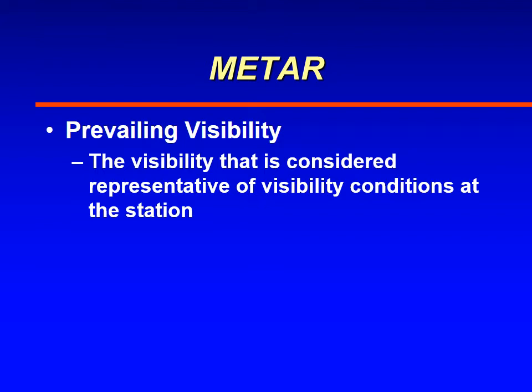But what it means is that usually the measurement of visibility is made by an ASOS or an AWOS machine. And whatever that machine measures, that's what the visibility is. So remember that AWOS or ASOS machines don't look around the airport.